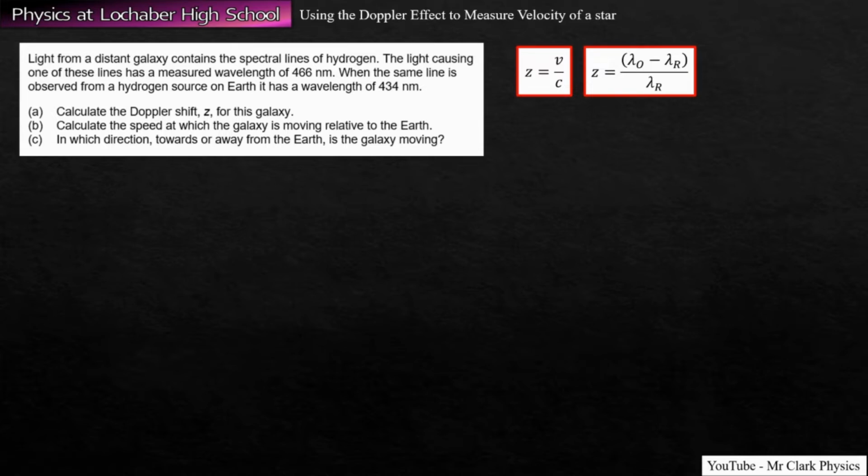So how about a worked example? Well, here's one. Light from a distant galaxy contains spectral lines of hydrogen. They had a look, the pattern looks like hydrogen. But when they measured one of the lines, one of the ones they were particularly interested in, it has a wavelength of 466 nanometers. Now, normally when they're on Earth and they measure that very same line, it's only 434.